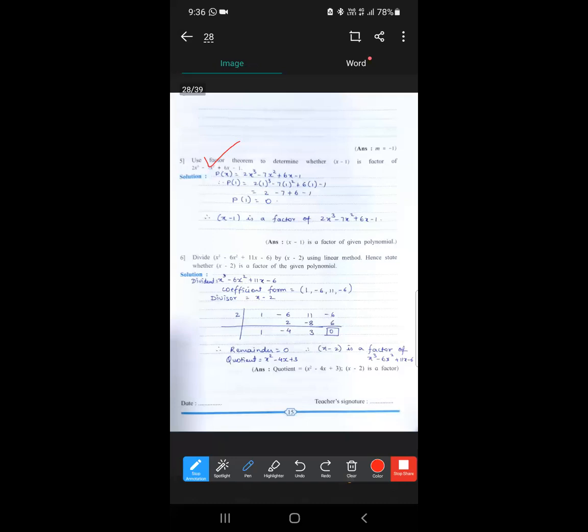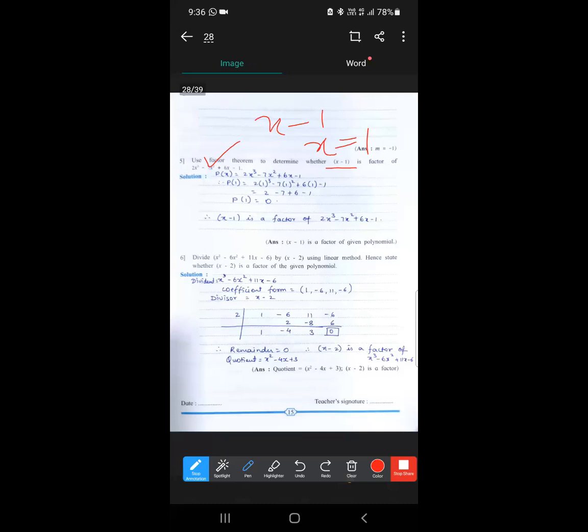So here x minus 1 is a factor, you need to check this. So x minus 1, for substitution, you will take it as what? x is equal to 1. So P of 1 is equal to 2 into x cube, so 1 cube, wherever the x is there, you will substitute as 1.